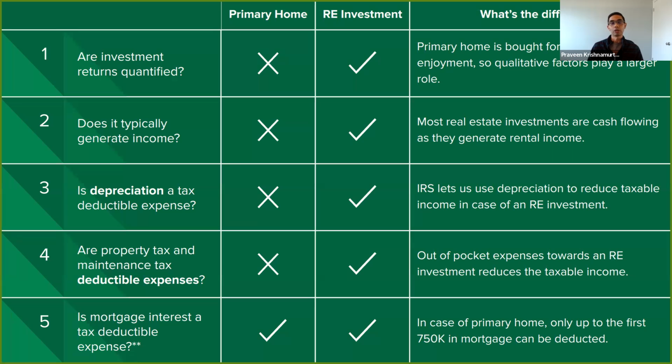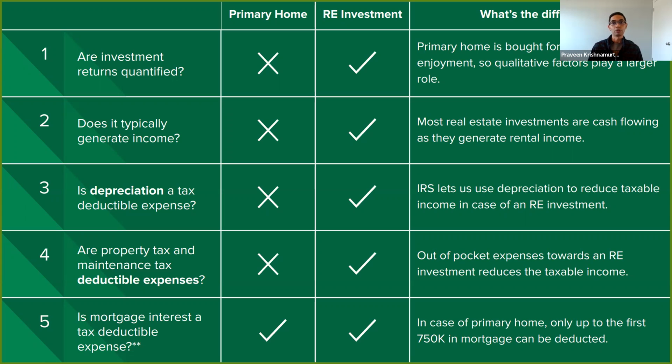Whereas with traditional real estate investments, if there is maintenance like a faucet that breaks or an HVAC system that needs to be replaced, you can write it off against the income that you've made. So it offsets the income that you've made. That's a huge tax advantage when it comes to real estate investments.